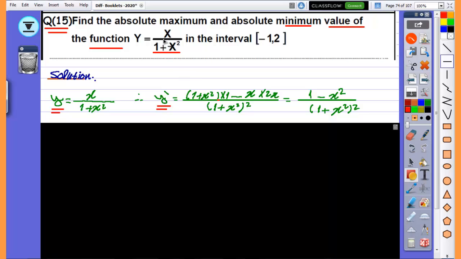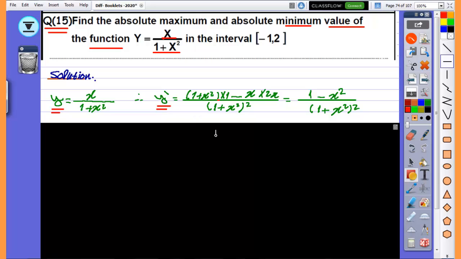Here the numerator is x, its derivative equals 1, minus the numerator multiplied by the derivative of the denominator. The derivative of 1 plus x square is 2x, all over 1 plus x square, all square. So we have in the denominator 1 plus x square all square. And we simplify the right hand side. It will be 1 minus x square over 1 plus x square all power 2. It is y dash.